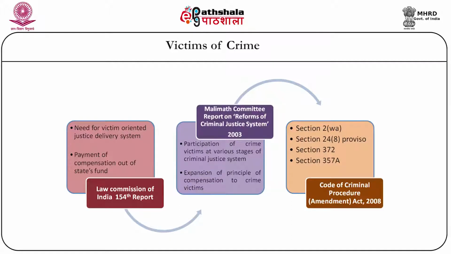In 2003, in the Malimath Committee report on reforms of the criminal justice system, once again the plight of the victim is taken into consideration, and it was recommended in the report that participation of crime victims at various stages of the criminal justice system should be considered. At the same time, expansion of the principle of compensation to crime victims was also recommended by the Malimath Committee.